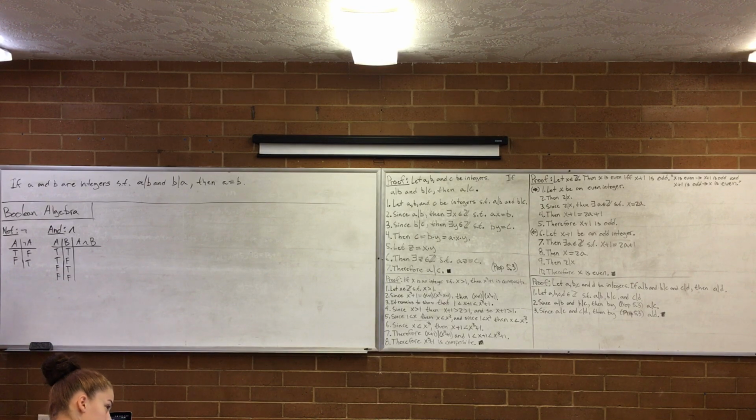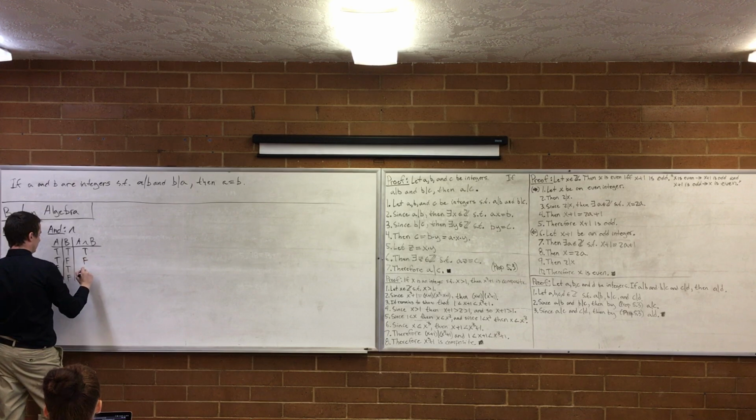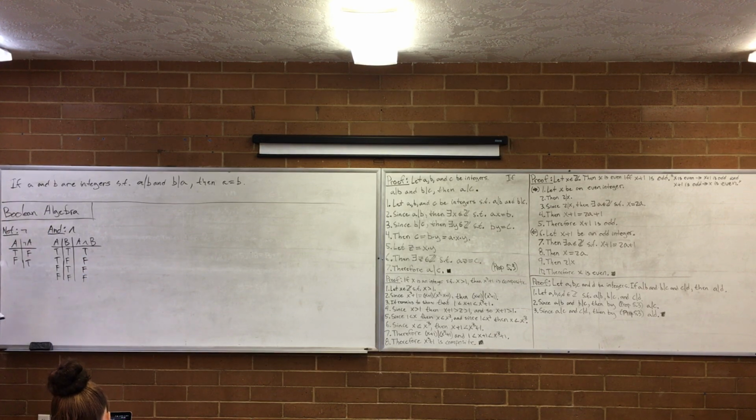Can you tell me two integers, A and B? Yeah, I have one. What do you have? -2 and +2. There you go.